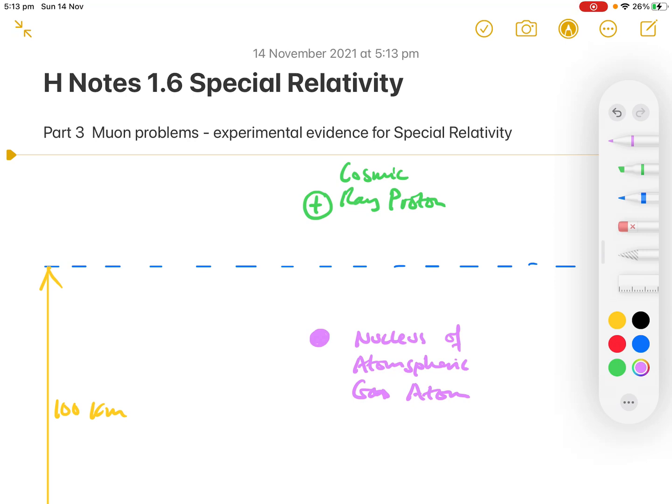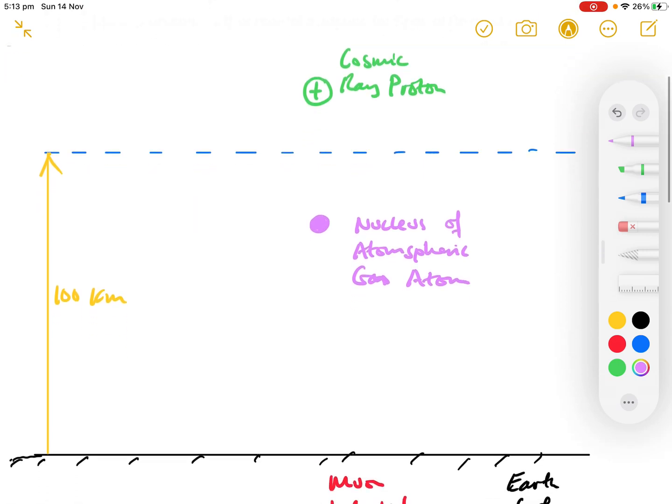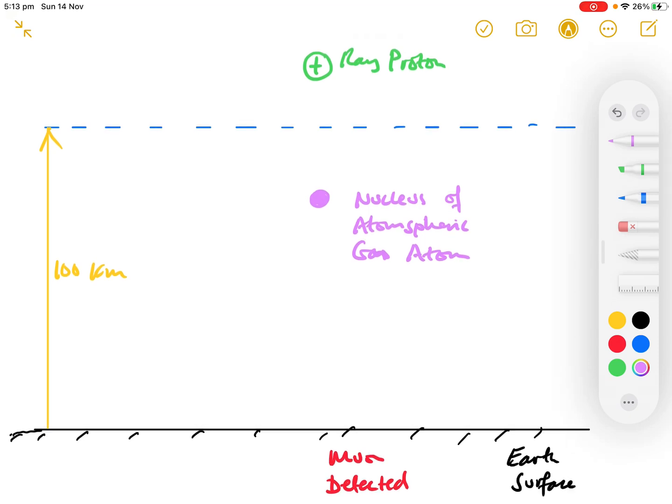1.6 Special Relativity, Part 3: Muon Problems. Well, in this diagram we can see the Earth's surface, and we've drawn a dotted line up at the top to show the top of the atmosphere.